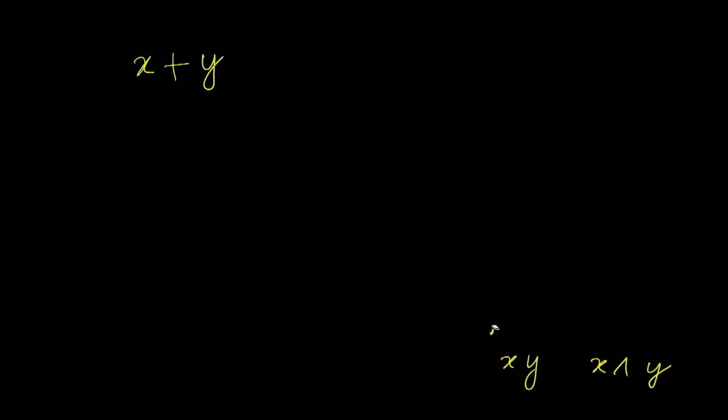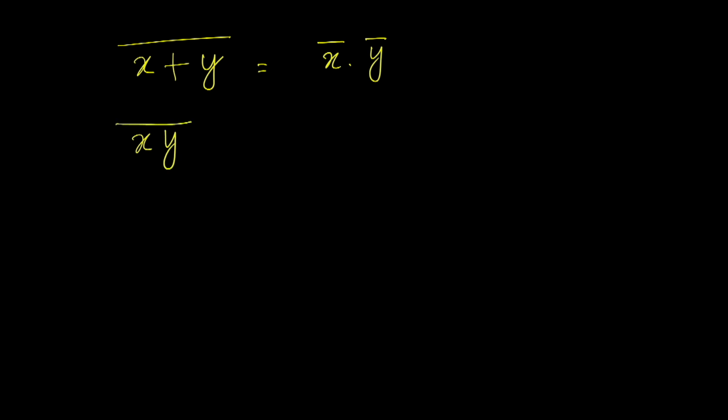So the first De Morgan's law says that the complement of x or y is the and of x complement and y complement. The second De Morgan's law says that the complement of the and of x and y is the or of x complement and y complement.